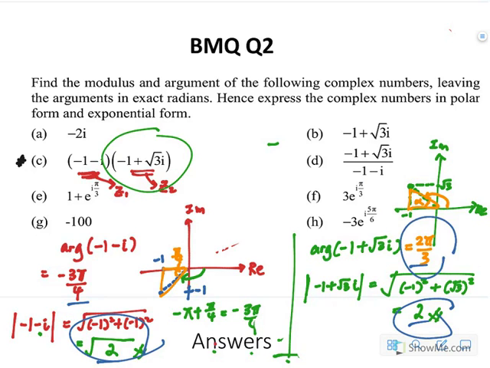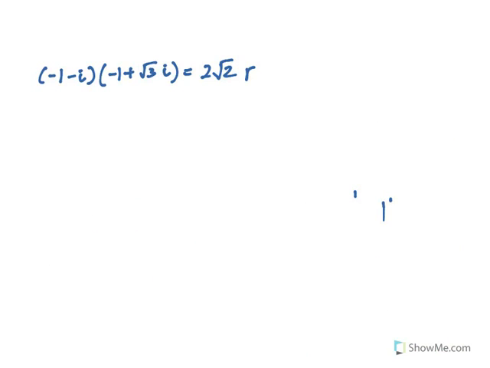We multiply the moduli and we add the arguments: negative 3 pi over 4 plus 2 pi over 3. So it's e to the power i times negative 3 pi over 4 plus 2 pi over 3. With that we get 2 square root 2 e to the power negative i pi over 12, and we check that negative pi over 12 is still within the principal range, so there's no need to do any switching by plus 2 pi or minus 2 pi.